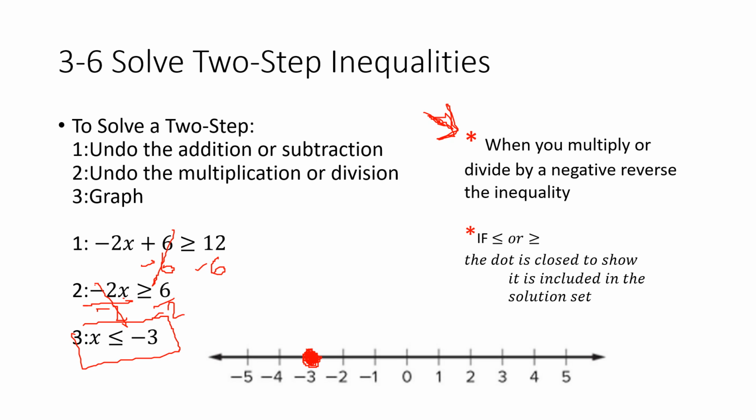And then you just read the inequality. x is less than. Well, less than is to the left. So your answers are to the left. So negative 3 and every number smaller than negative 3 will make the original inequality true. That's what this means.